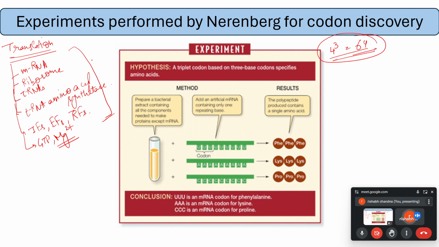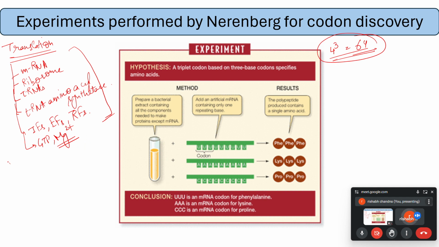So they performed an in vitro translation assay in which they used a bacterial extract containing all these components, because purifying all these components would be difficult.